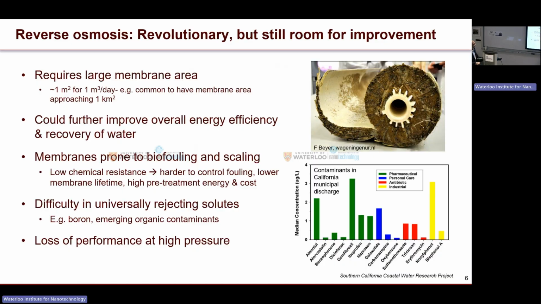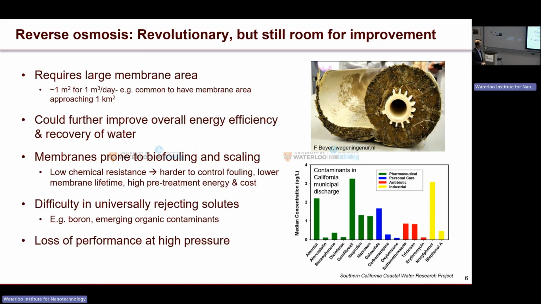Then this shows different kinds of chemical compounds that were found in California waters. And so you can see pharmaceuticals, personal care products, antibiotics, industrial chemicals. And so if we want to recycle water and purify water, we need to make sure we are removing these.